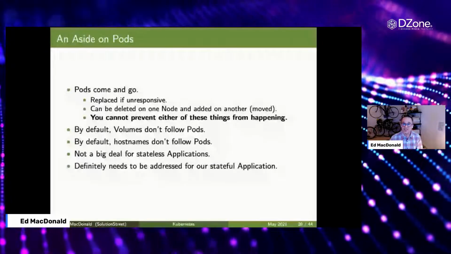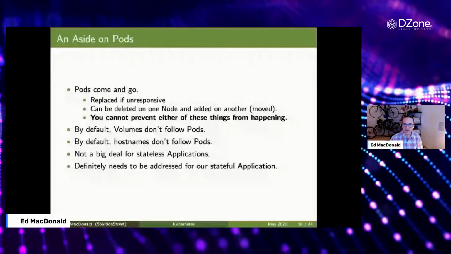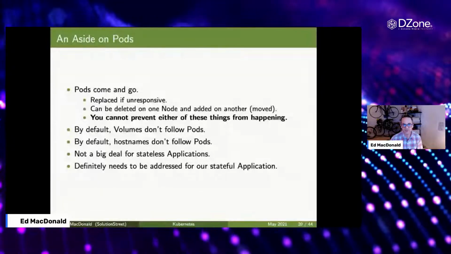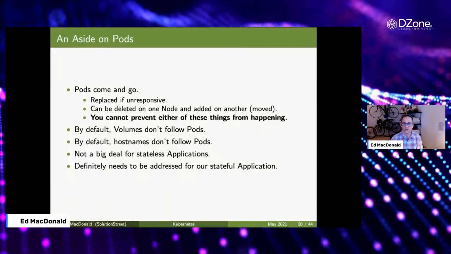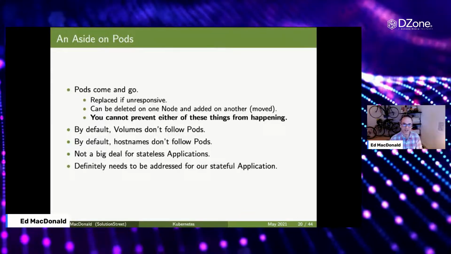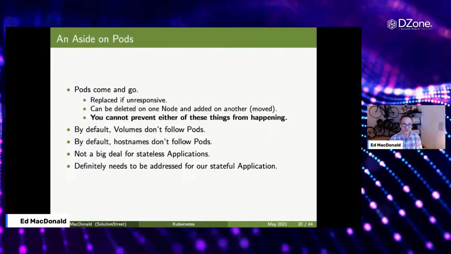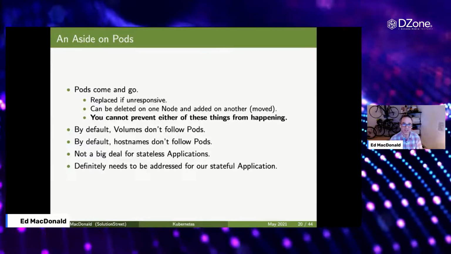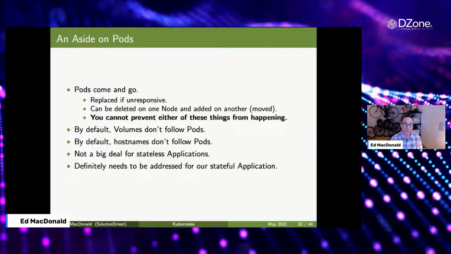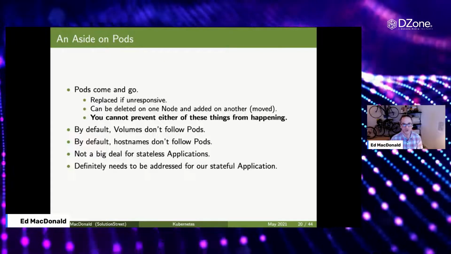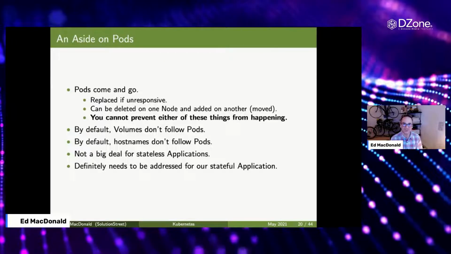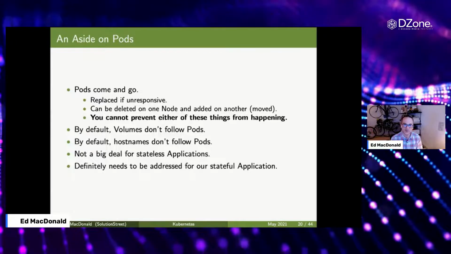It definitely needs to be addressed for our stateful application. It might not be obvious yet for the host names, but certainly for the volumes, because remember, our stateful application is writing a file to disk, and if one of the pods in our stateful application gets moved to another node, by default, and we're going to show how to resolve this, that volume would not follow it.